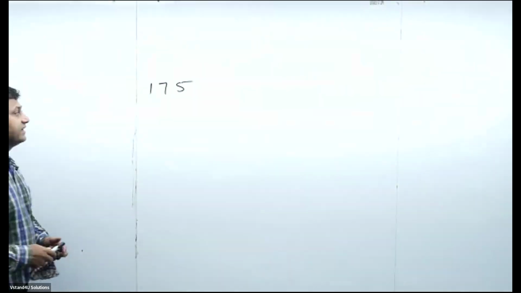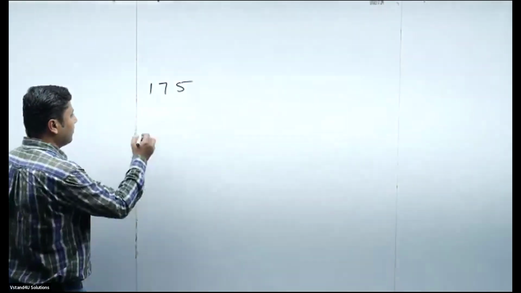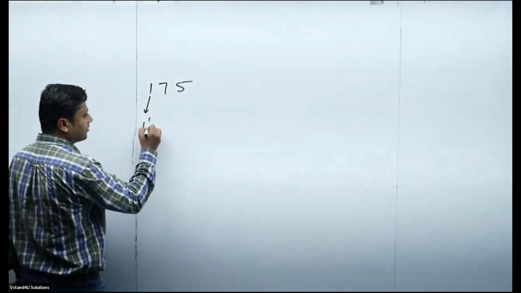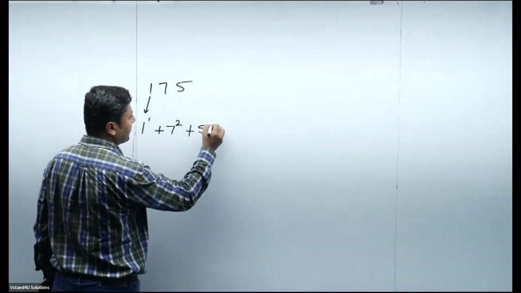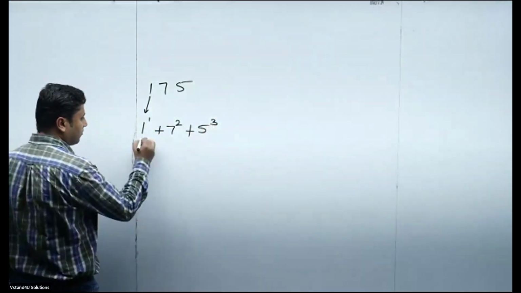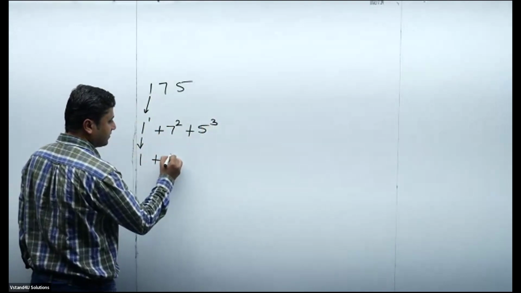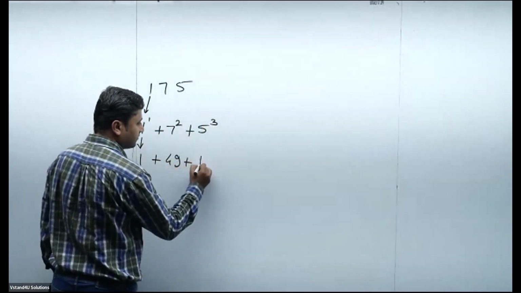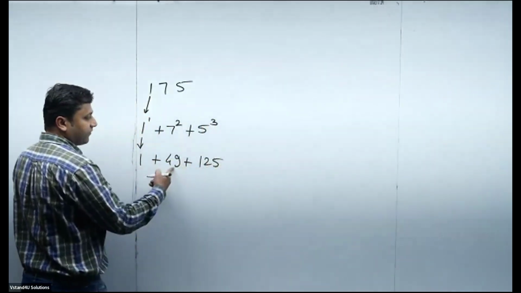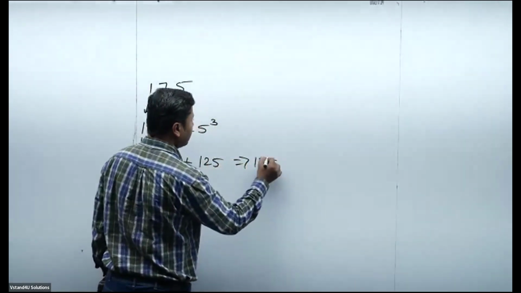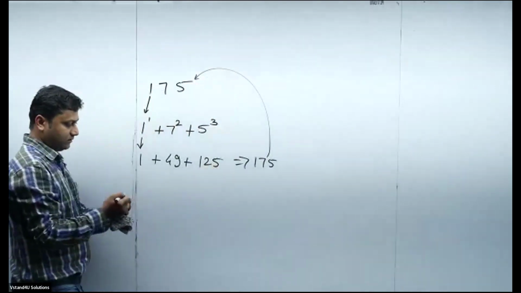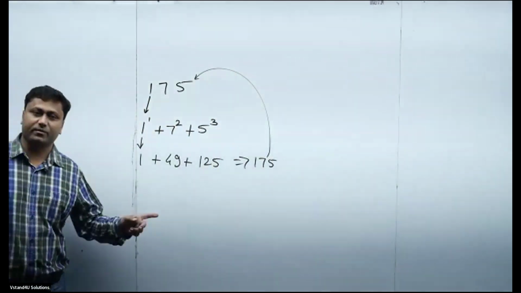In that case, the power should be in increasing order. What does it mean? The first power: 1 raised to the power 1 plus 7 raised to the power 2 plus 5 raised to the power 3. So 1 raised to the power 1 plus 49 plus 125 equals 175, equal to the given number. This is the desiring number.